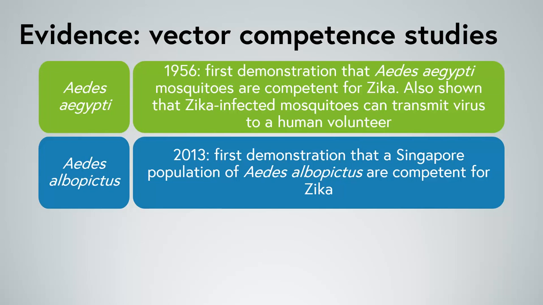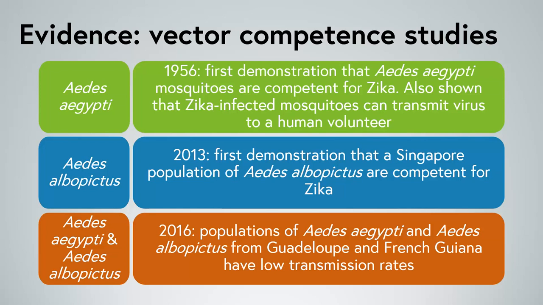Virus was present in saliva 7 days after the mosquitoes were given an infected blood meal. More recently, a study comparing the competence of both species using populations originating from Guadeloupe and French Guiana concluded that although both species were competent, they had low transmission rates.